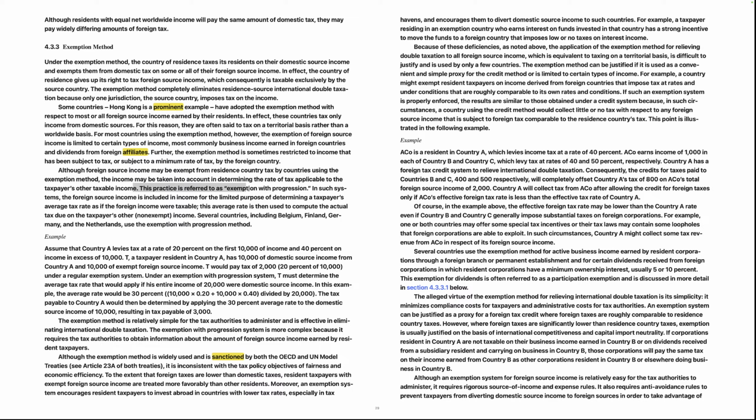This practice is referred to as exemption with progression. The average tax rate is calculated, so shifting income between domestic and foreign matters. Suppose a country levies a tax rate of 20% on the first 10,000 of income and 40% on income in excess of that.